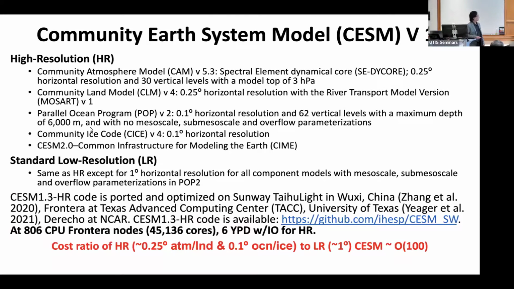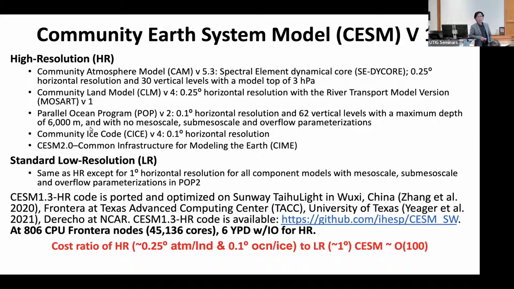So let me just tell you a little bit about the model we're using. The model we're using is developed by NCAR. It's called the Community Earth System Model. And we're not using the latest version. The latest version is version 2. And we're using a slightly older version, 1.1.3.